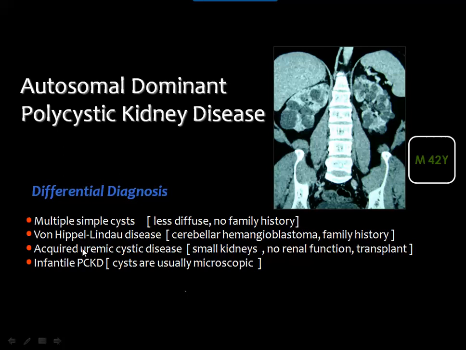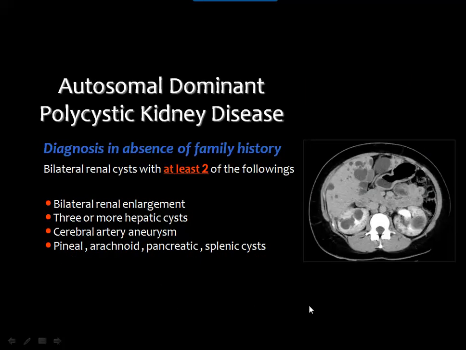The acquired uremic cystic disease or the polycystic disease related to the dialysis, the kidneys are very small and the renal function is poor or absent, and you may also see the transplanted kidney in the iliac fossa. Then infantile polycystic kidney disease, the cysts are usually microscopic and there is no functioning renal parenchyma.